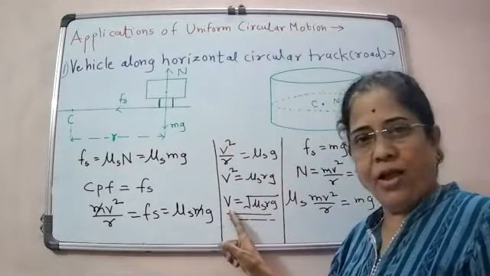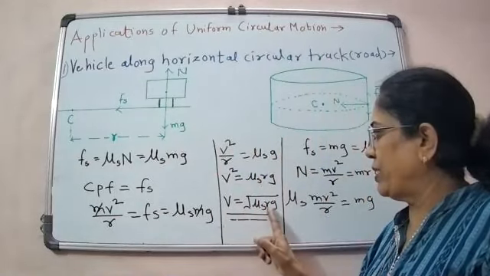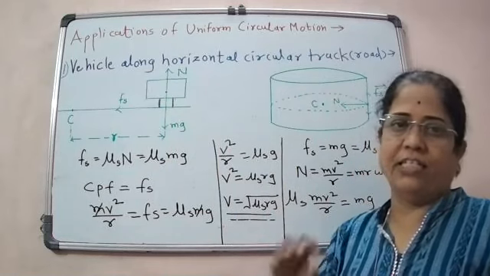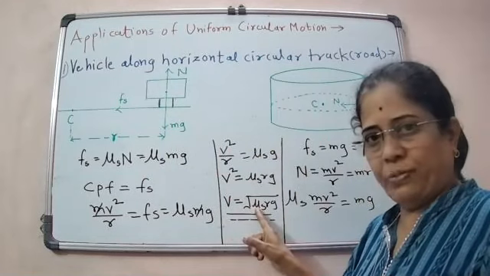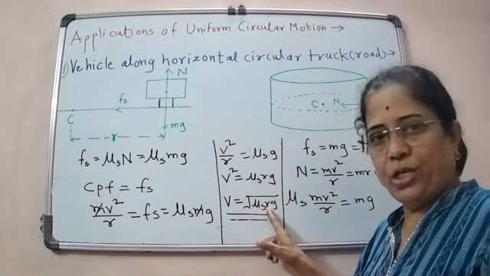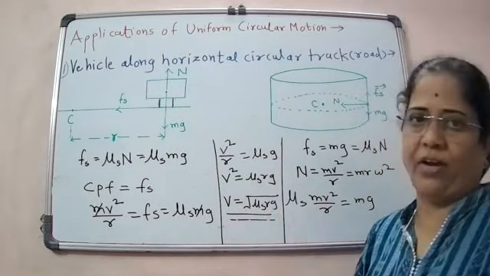And what is the formula? V equal to square root of mu s r g. You can say that this most safe speed depends upon the coefficient of static friction, the radius of the circular track, and the acceleration due to gravity.